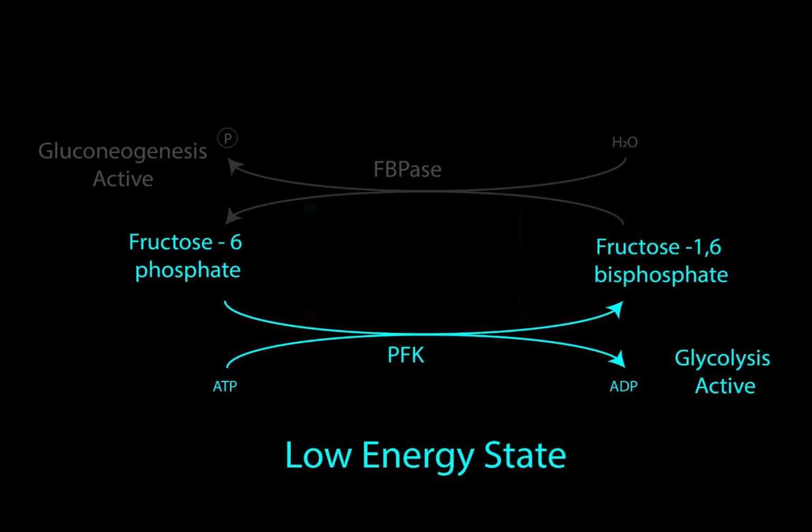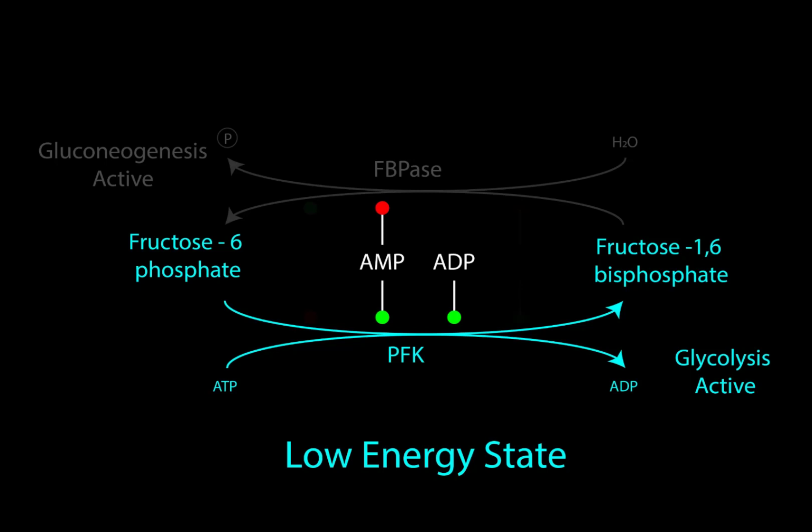The opposite is true for a low energy state of the cell. In this case, the cell needs to make more energy, so it wants glycolysis to be active because glycolysis is the pathway that creates energy. It wants gluconeogenesis to be inactive because that would try to store more energy. We've said that AMP and ADP are the two molecules that signal the low energy state.